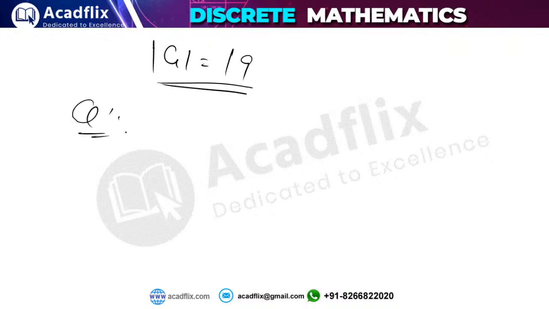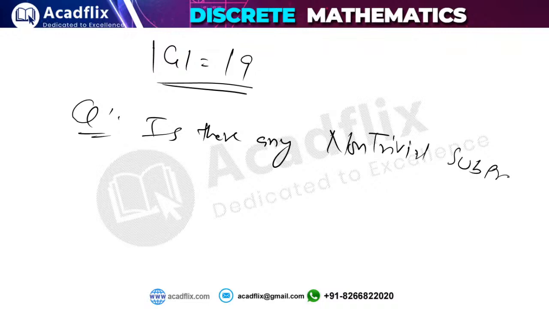Let's take one more example. Let's assume the order of the group G is 19. My question is, is there any non-trivial subgroup of G?